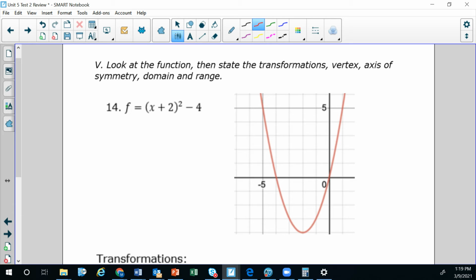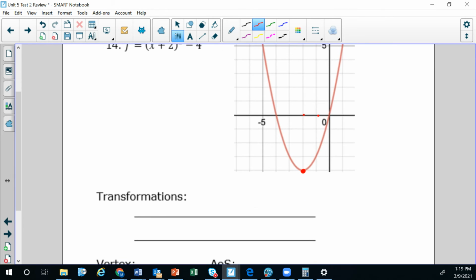Well, okay, this is the vertex right here of the graph. So it got shifted how many units over? Well, 1, 2, right? So it shifted left. Okay, let me write this right here. Transformation: shift left 2 units, right?